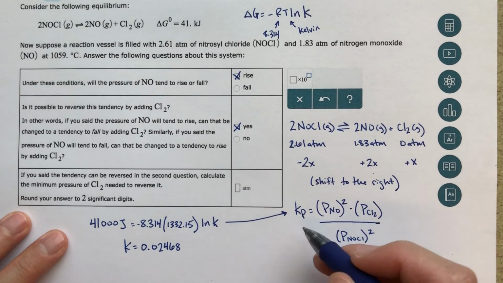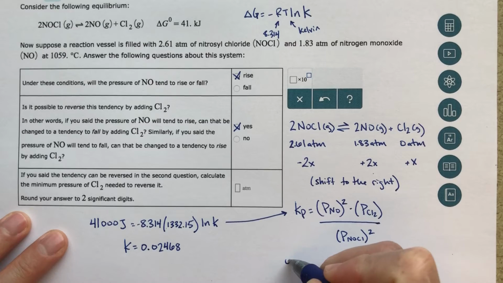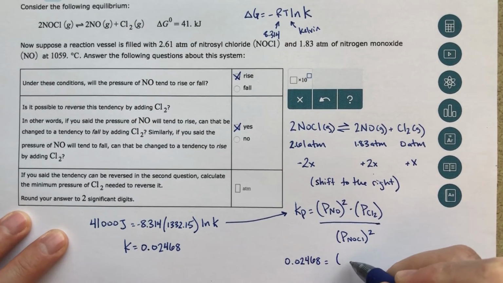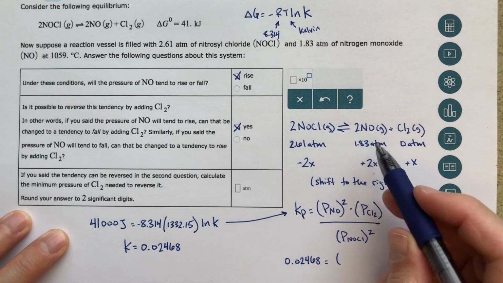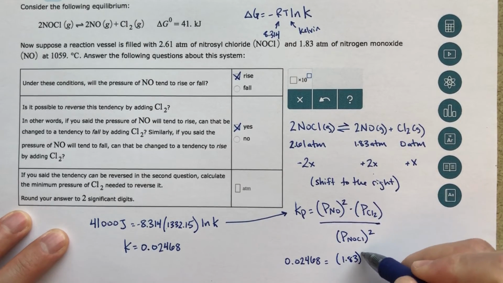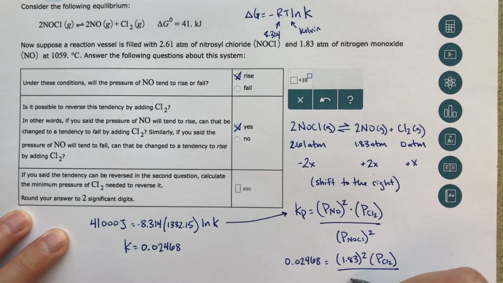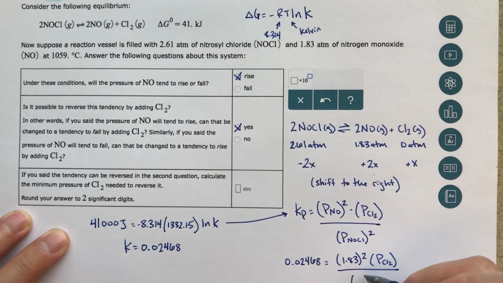So now we want to plug that in. 0.02468 is going to equal the pressure of NO, which we know, 1.83, squared, times the pressure of Cl2, all divided by the pressure of NOCl, 2.61 squared.